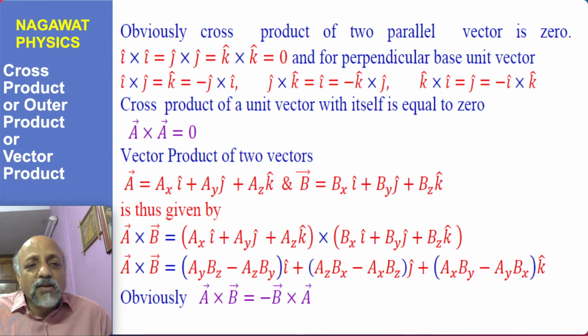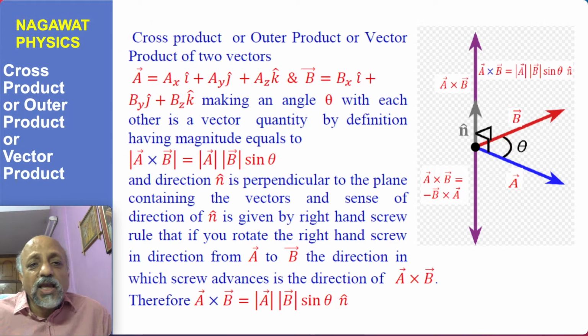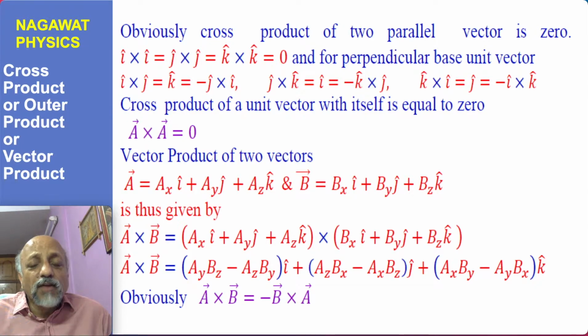Now to understand the cross product in terms of components, we can express A and B in terms of components. A can be written as AX i plus AY j plus AZ k, and B as BX i plus BY j plus BZ k, as used earlier. Then we have 9 such combinations of cross product. In case of dot product, 6 quantities become 0. Here only 3 out of 9 become 0, because the angle theta appears and sine of 0 is 0.